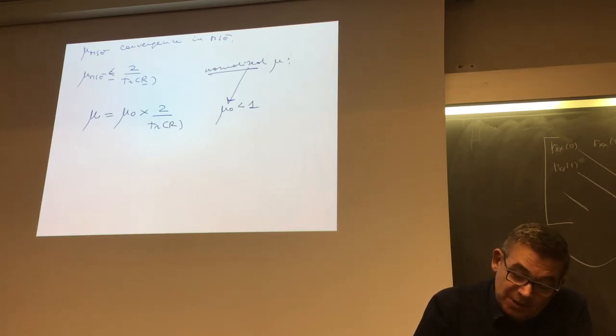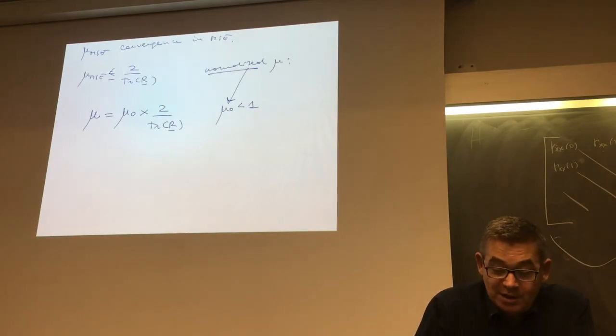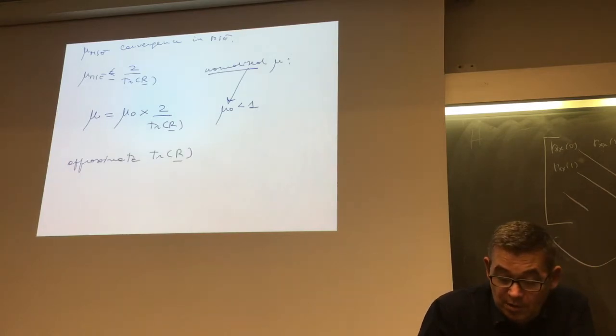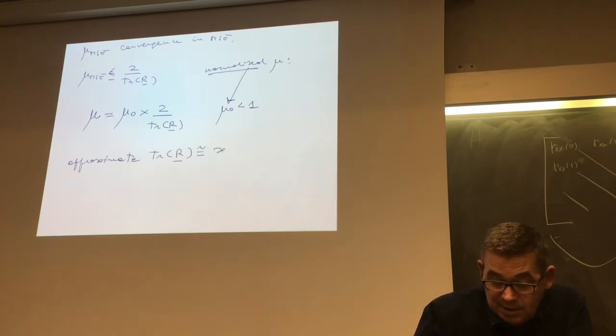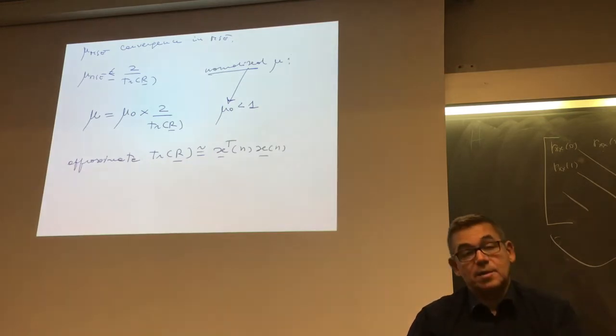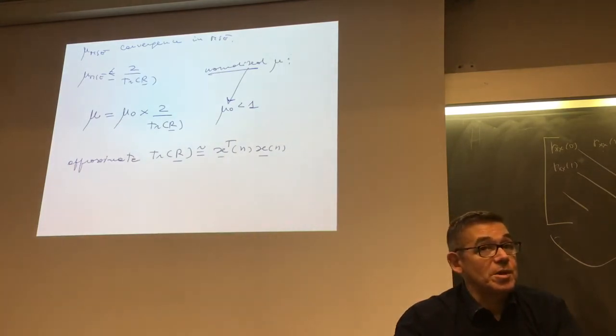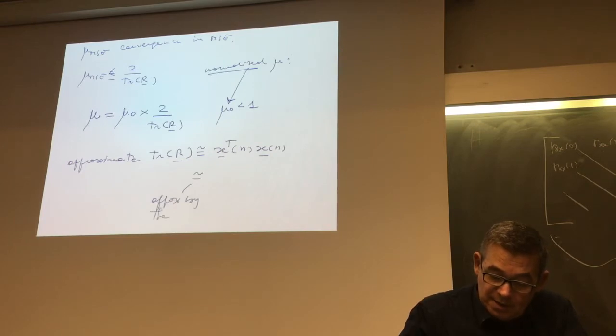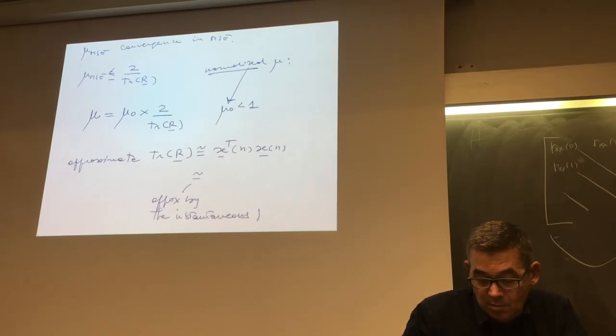So that means that we need to compute the trace. Now, a very simple way to compute the trace is to approximate trace of R by X_n transpose X_n, because that is an approximation of the trace, which means it is approximated by the instantaneous power.